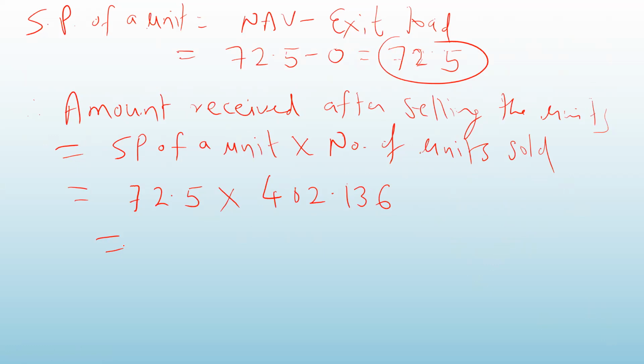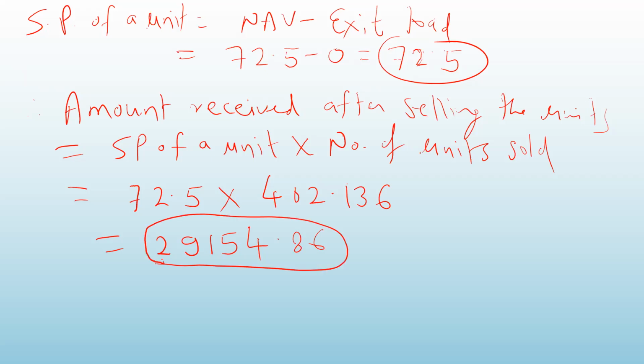So how much you are getting? 29,154.86. This is the amount received after selling all the units. Okay. It is very simple. Just multiply the selling price of a unit by the number of units sold.